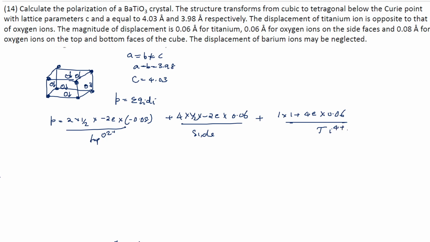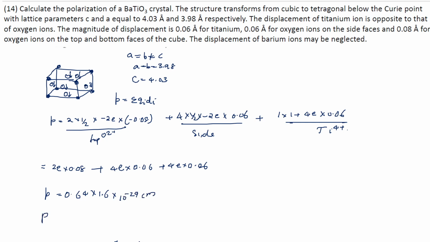So now total you will get 2e into 0.08 plus 4e into 0.06 plus 4e into 0.06. So you will get the total, means P value, that will be 0.64 into 1.6 into 10 to the power minus 29 coulomb meter.